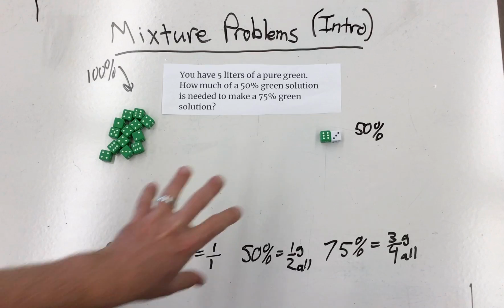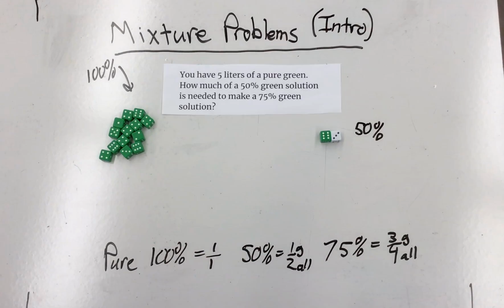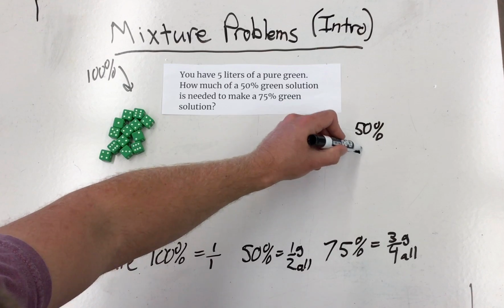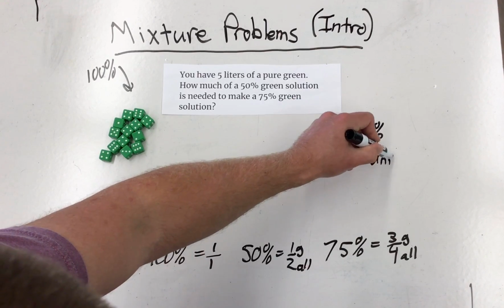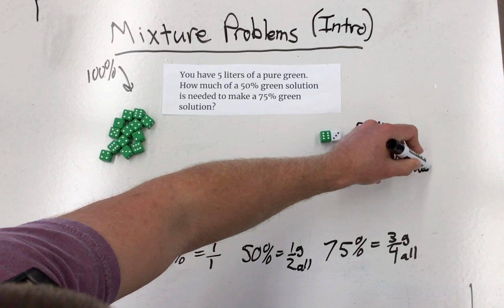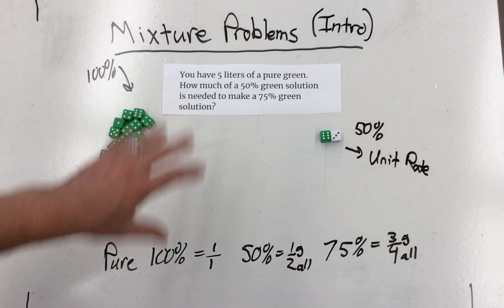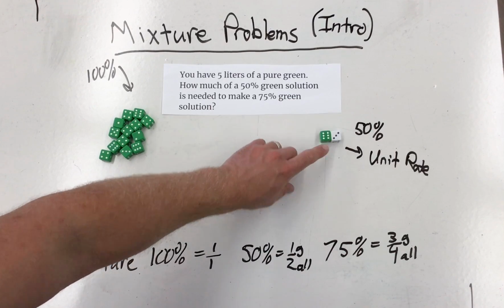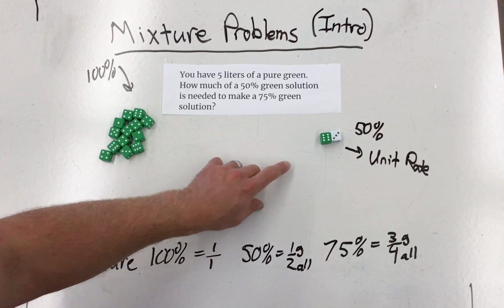And what we're going to do helps us with the visualization because, believe it or not, this brings back a concept from last year, maybe the year before, of a unit rate. If we were to take a look at 1 unit of this green solution, it's got to be 50-50 for this 50% solution. And that means it has at least 2 components.